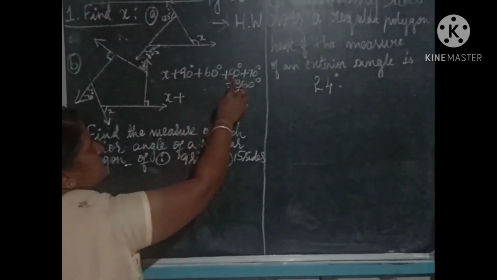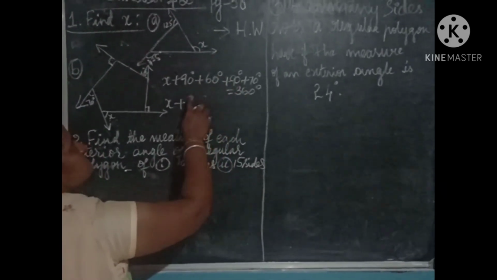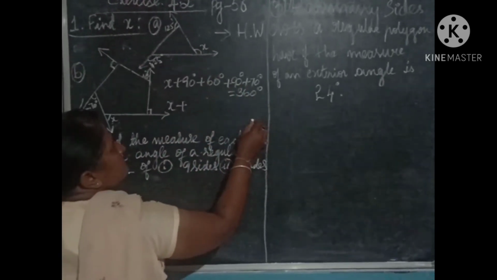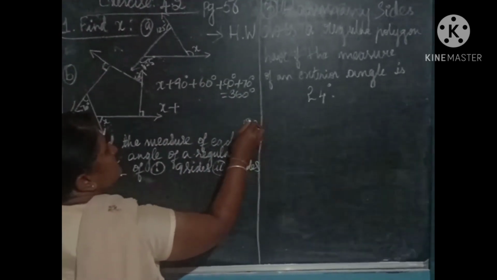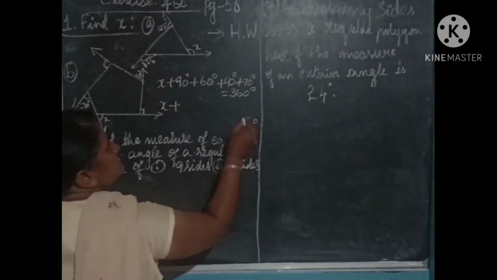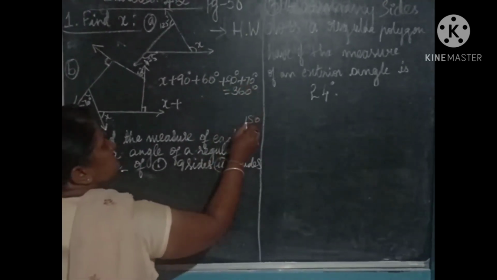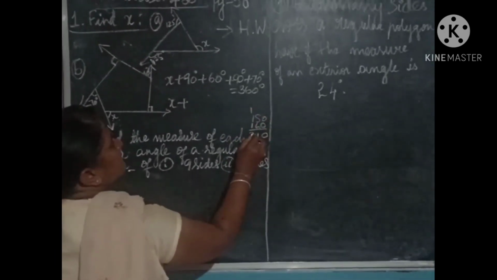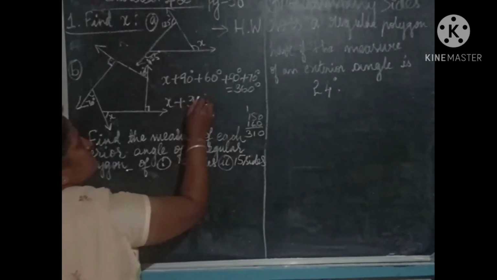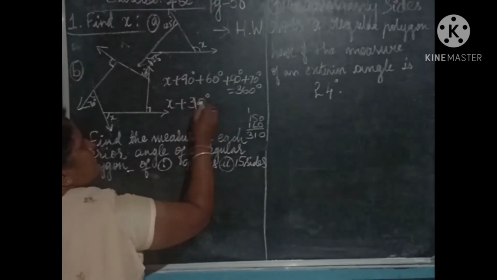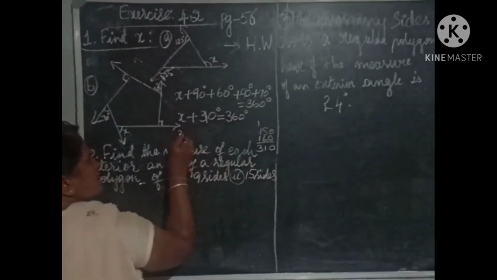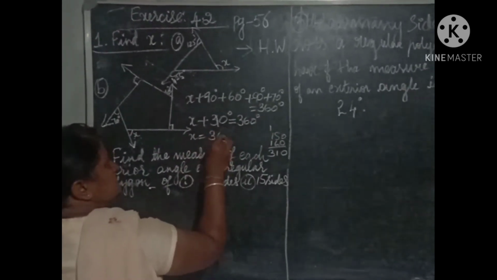150 plus 90 is 240. Let us add these two: 9 plus 7 is 16, that is 160, so it is 310. 310 is equal to 360 degrees. Now, x is equal to 360.